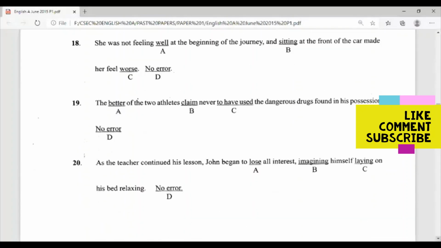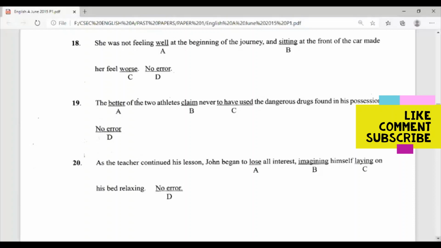19. The better of the two athletes, and this is fine because if we have two athletes, then one is good, one is better. If we had three, we would say one is good, one is better, one is best. So the better of the two athletes claim never to have used the dangerous drugs found in his possession. So let's see what's wrong.